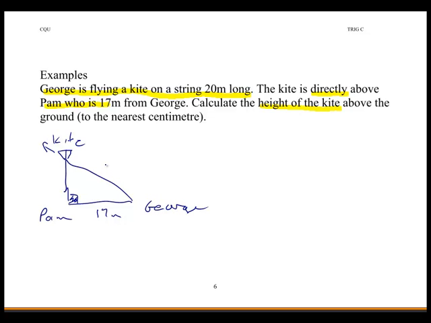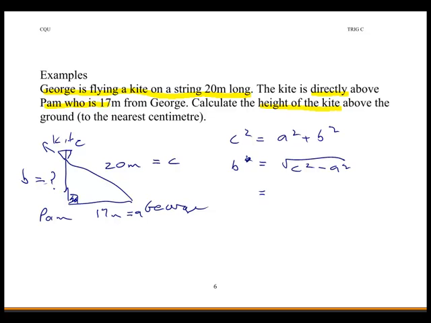So in this problem here, you're assuming that George and Pam are horizontal to each other. So once again, label it. We can use Pythagoras. So we're going to rearrange it to find B. Put the numbers in.